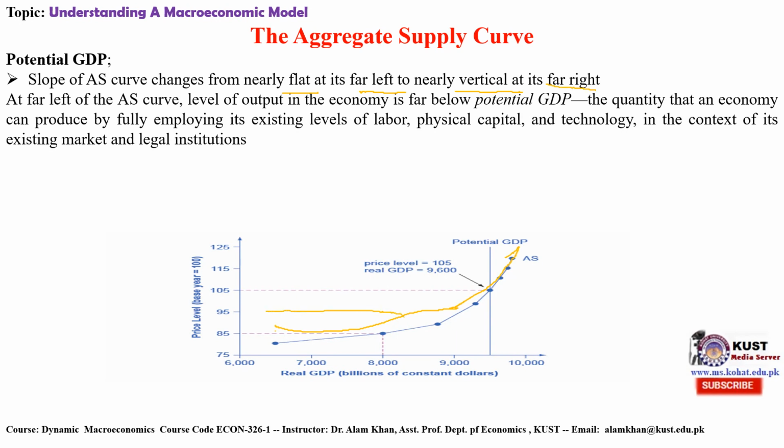If you look at this portion, the supply curve is flat, but in this part the supply curve is almost vertical. At the left of the aggregate supply, the level of output in the economy is far below potential GDP, the quantity that an economy can produce by fully employing its existing levels of labor, physical capital, and technology in the context of its existing market and legal institutions.